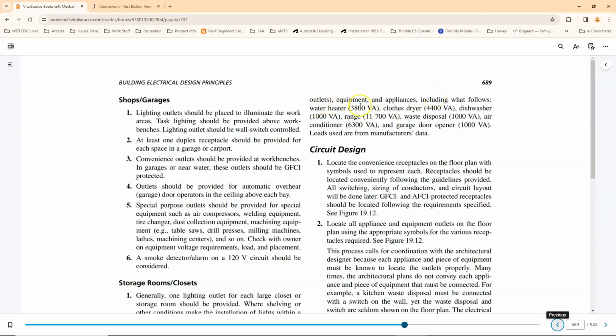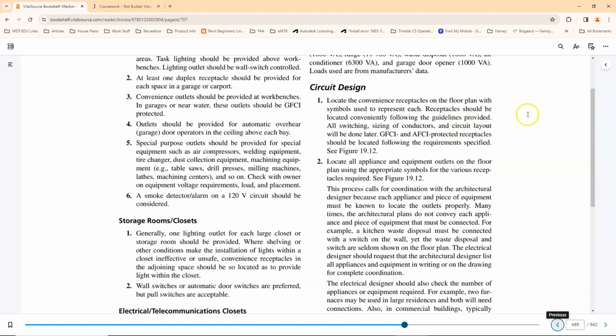So we have a water heater, a clothes dryer, dishwasher, a range, waste disposal, and you can see all of these things have the volt-amp rating, also known as the wattage rating, for each of the appliances, and then an air conditioner and garage door opener. Loads are used from the manufacturer's data. So in this example they are not using something off of a generic table. They're going right to the specific equipment that is specified for this project.